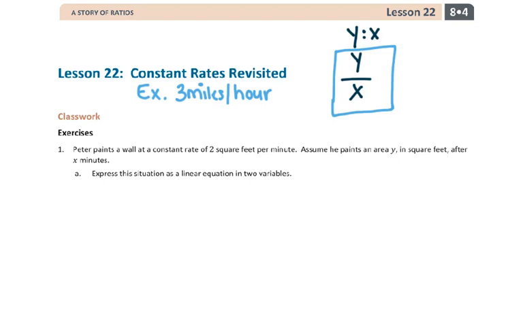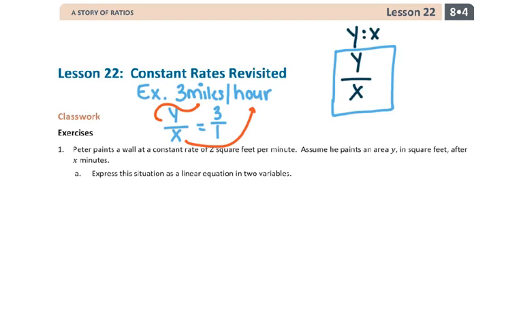So we can express her motion as y over x equals 3 over 1, because that y value is representing your miles and the x value is representing the number of hours. So we're saying in 1 hour, she is traveling 3 miles.